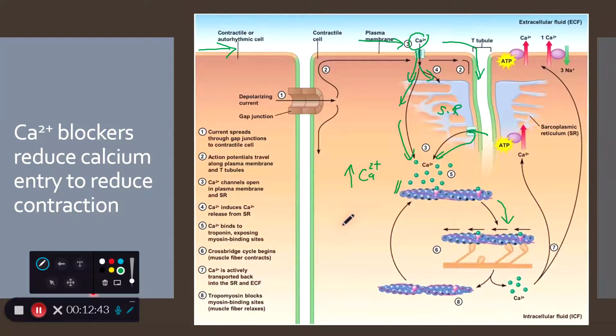So the aim of calcium blockers is simply to try to reduce the activity in these plasma membrane channels, not the sarcoplasmic reticulum ones, but the ones actually in the plasma membrane. So drugs which block these will reduce these steps, and that will reduce the amount of contraction.